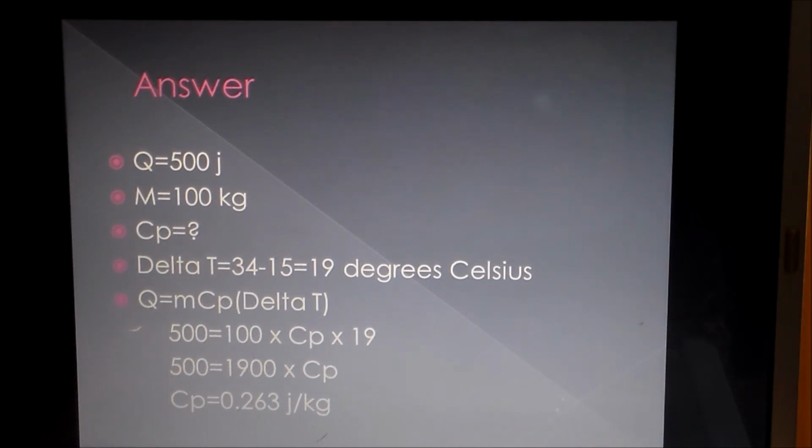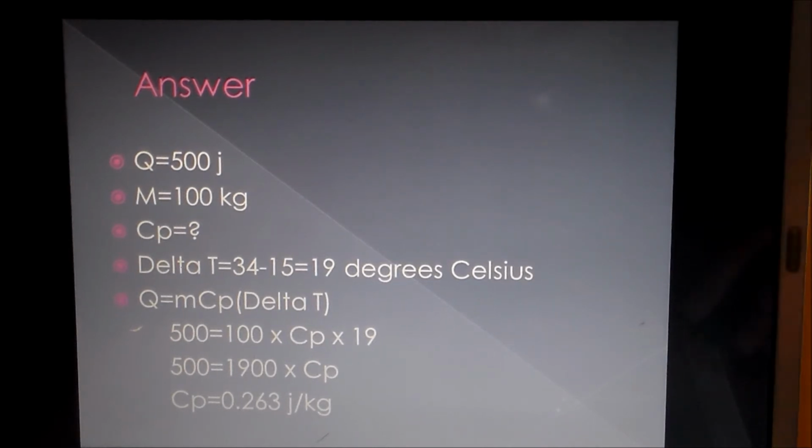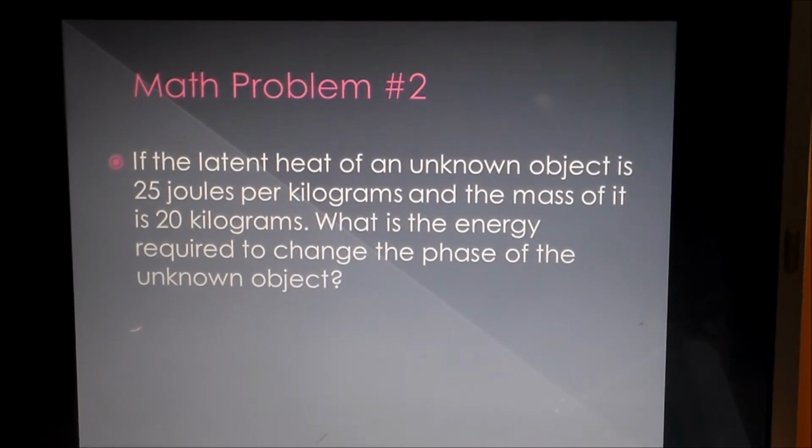The equation we'll be using is Q equals m Cp delta T. So if we plug in all the numbers, we get 500 equals 100 times specific heat times 19. Therefore, we simplify, we get 500 equals 1900 times specific heat, and our final answer should be around 0.263 joules per kilogram.